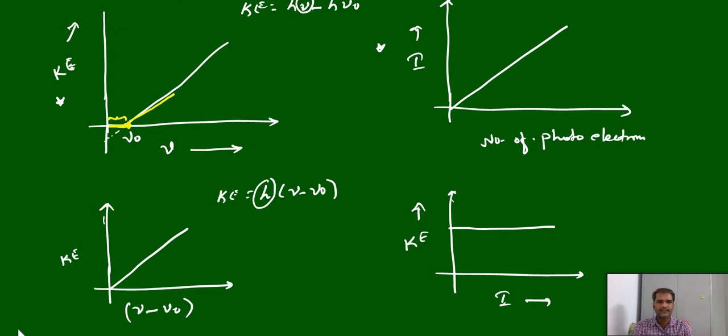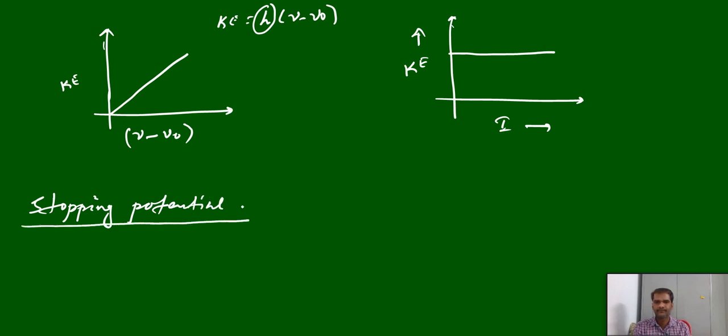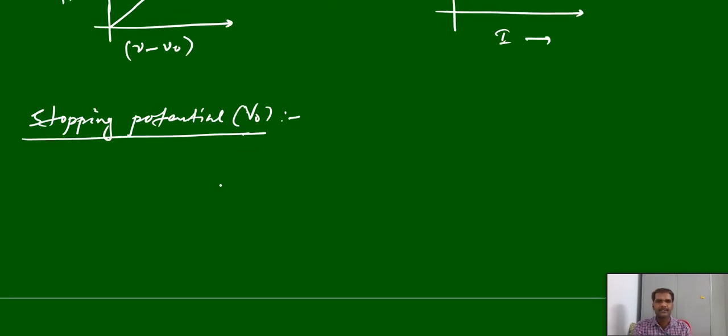Then after this we will see a small concept of stopping potential. This will be represented with V0. Here V is nothing but a potential, the stopping potential V0. What is the meaning of stopping potential?